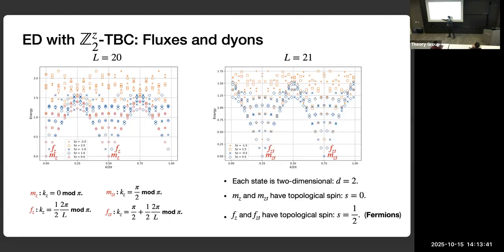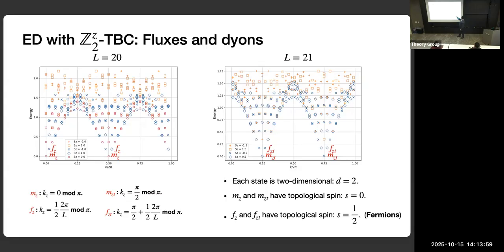Now, if you look at the dyons, it turns out that their momentum is localized around 1/2 times some multiple of 2 pi over L. So I associate topological spin 1/2 to these. So that's why they are labeled by F. They are like fermions of the toric code. They have topological spin 1/2.